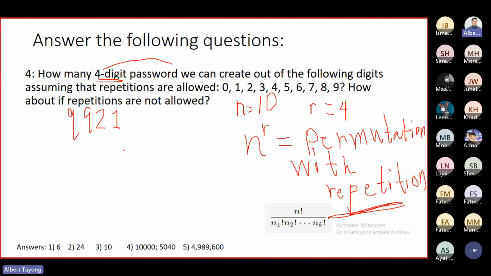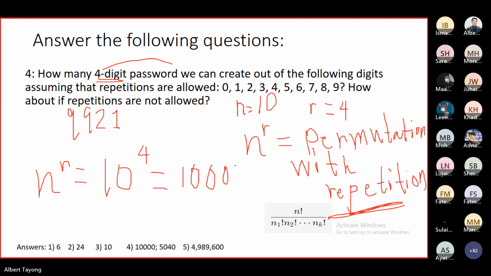Okay, so the answer is 10 raised to the power of 4. Of course, that is equal to 10,000. Right? So I guess this one is very clear. Let's proceed to the next.